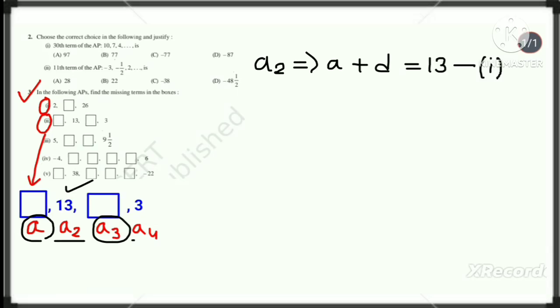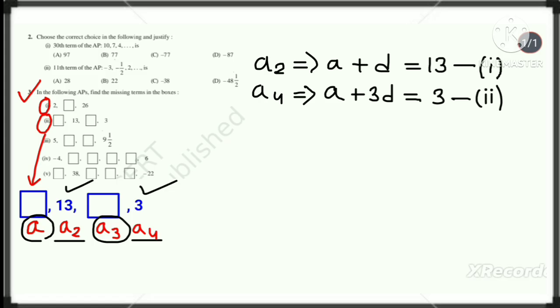Again, this A4 can be written as A plus 3D, and it is equal to, here has been given A4 is 3, equal to 3, and this is equation 2.